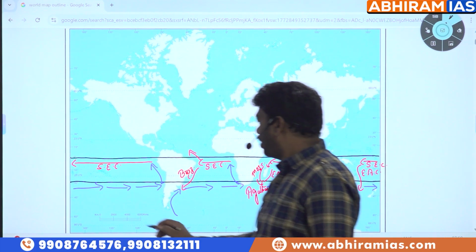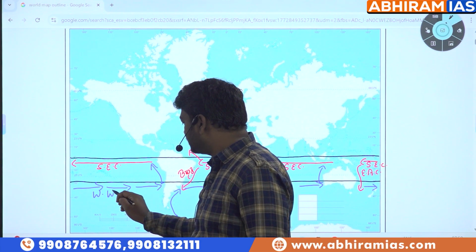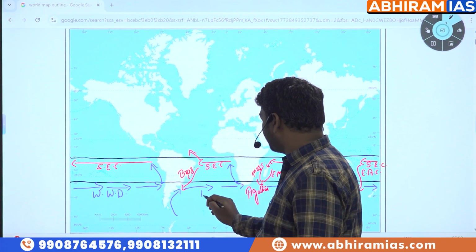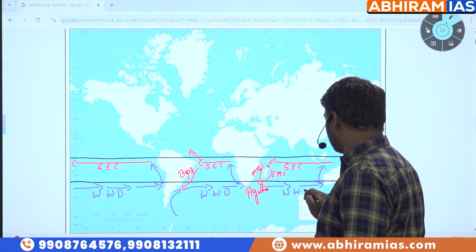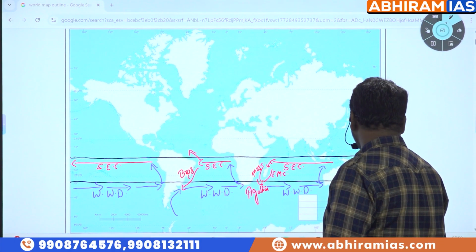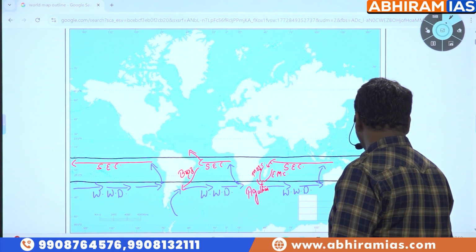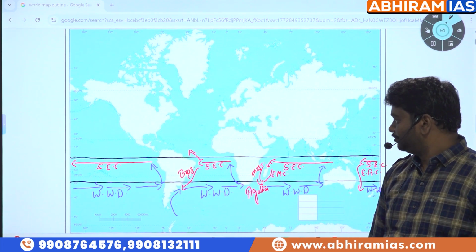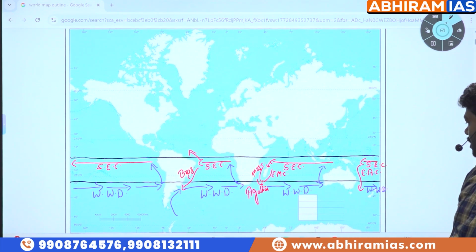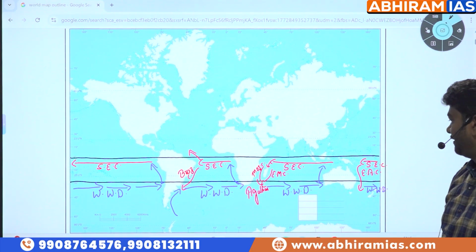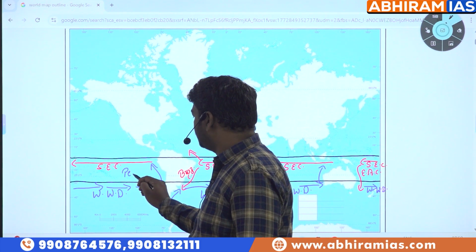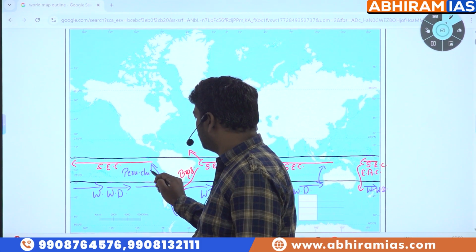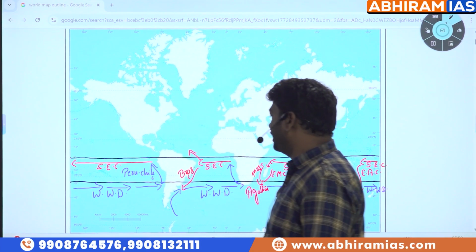All these currents are known as West Wind Drift. West Wind Drift. This is called Peru-Chile Current.